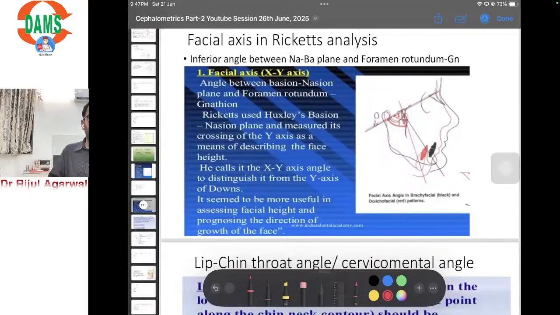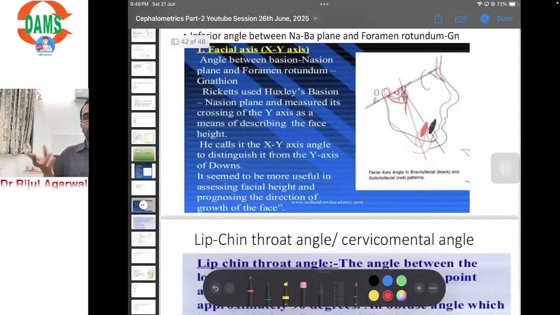It is the inferior angle between the nasion-basion plane and the foramen rotundum to gnathion. It is also called the Huxley-Basion plane, as you remember the horizontal planes which I mentioned in the beginning of my class. So Downs called it the y-axis, Ricketts called it the facial axis. Both have the same purpose, the growth status of the patient.